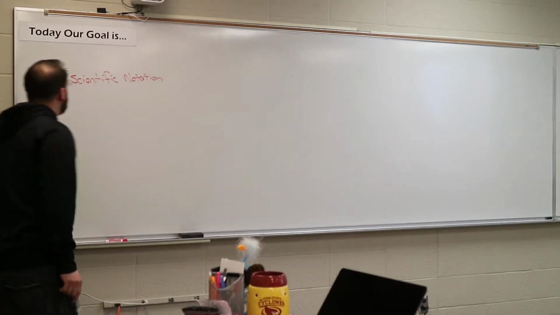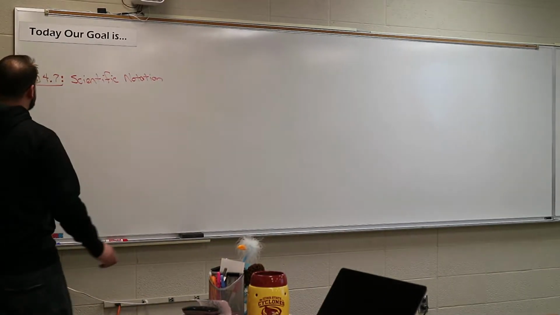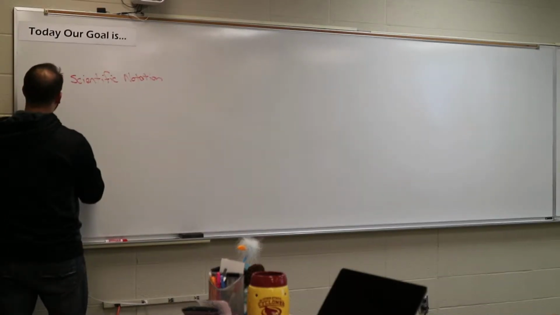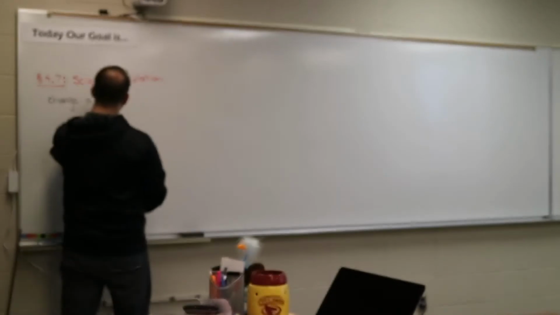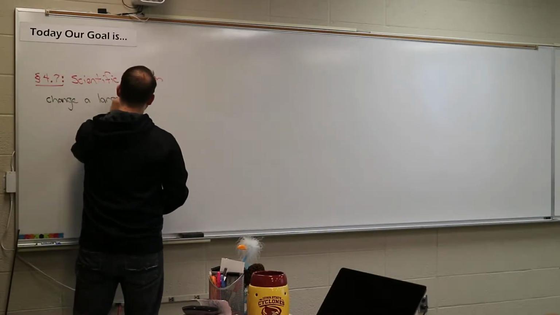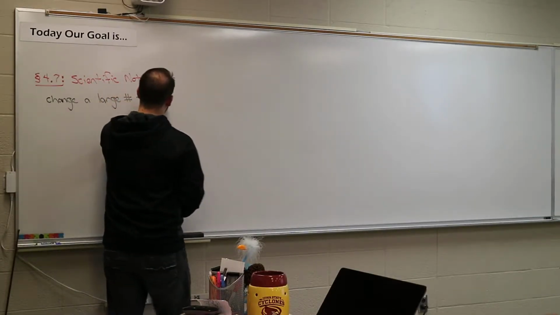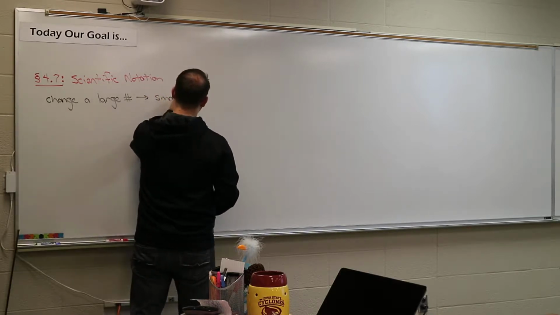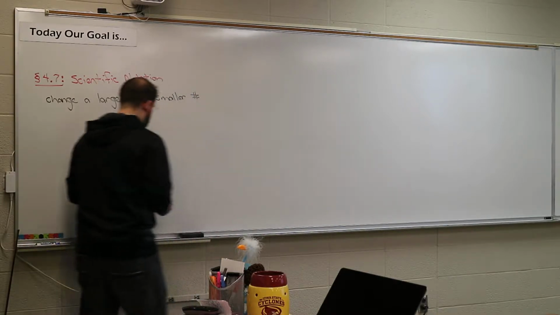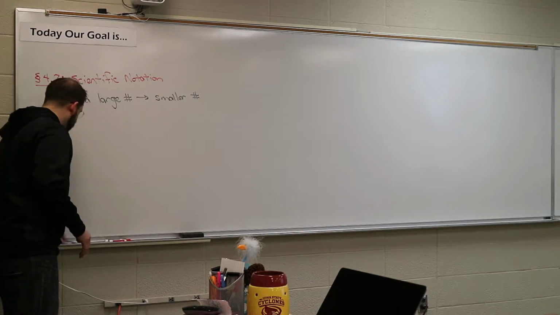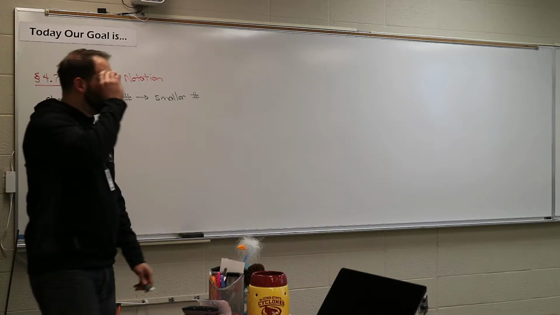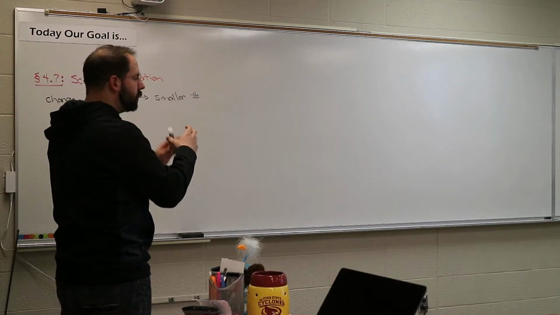So, scientific notation. The big thing is it's a way of changing a large number to a smaller number, in terms of length. So it's a way of making big numbers small, so it's easier to type in.